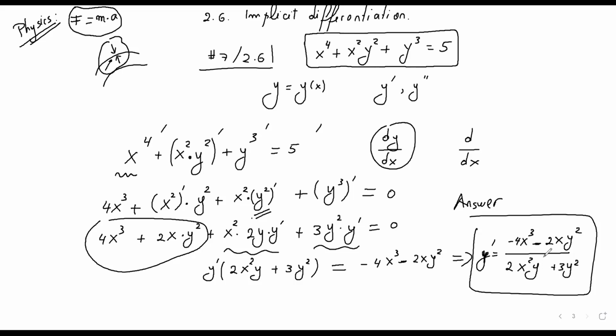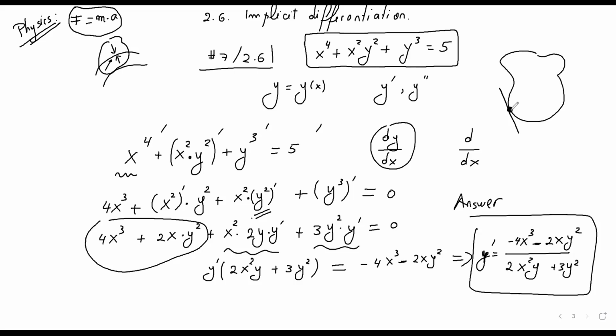Now, if I have a concrete situation where I know what x and y are for one point, this equation here represents some sort of curve in the xy plane. And what I'm really doing is calculating the slope of a tangent line at various points. And if I know one point on this curve, it's important to find the slope of a tangent line there.